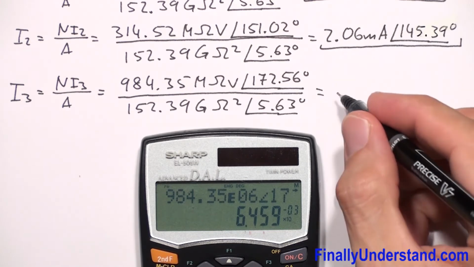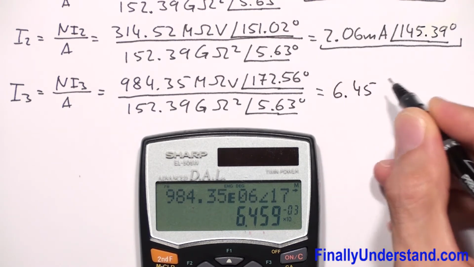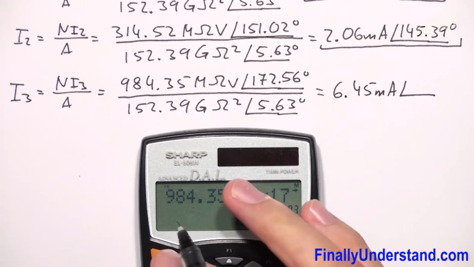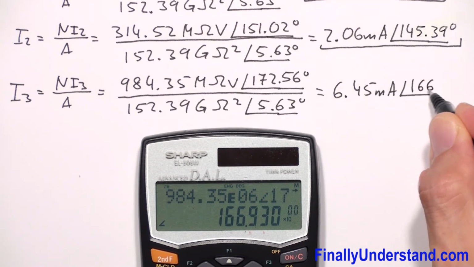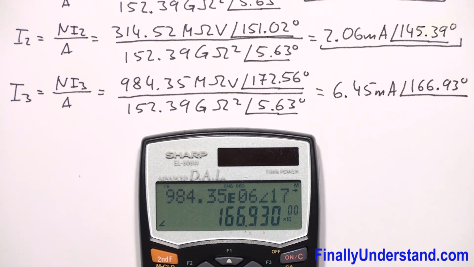Okay, so this is equal 6.45 milliamps and angle of 166.93 degrees. Okay, so we found the three loop currents.